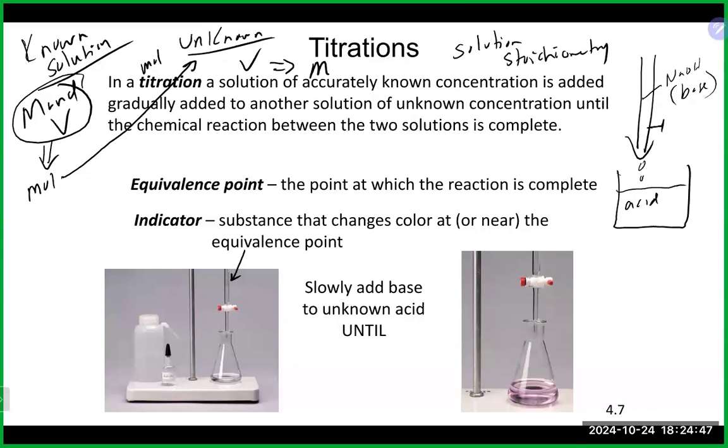So we do a titration until we reach what is known as the equivalence point. The equivalence point is essentially when the reaction is done in the acid-base reaction. When you reach the equivalence point, that is the point where exactly the moles of the acid will equal the moles of the base, which is why it's considered like the reaction's over at that point.